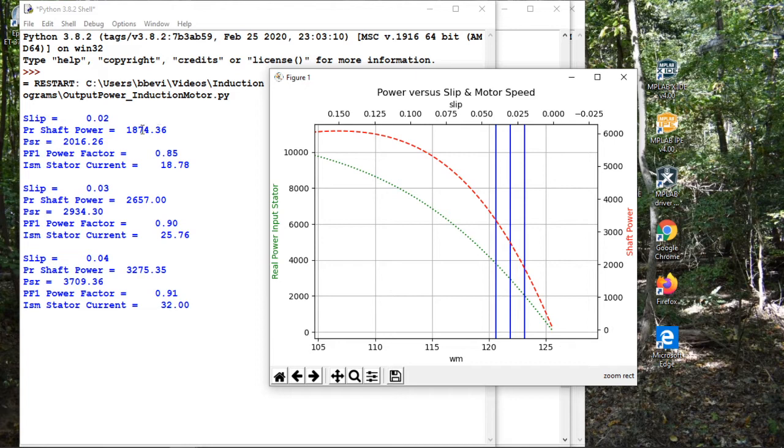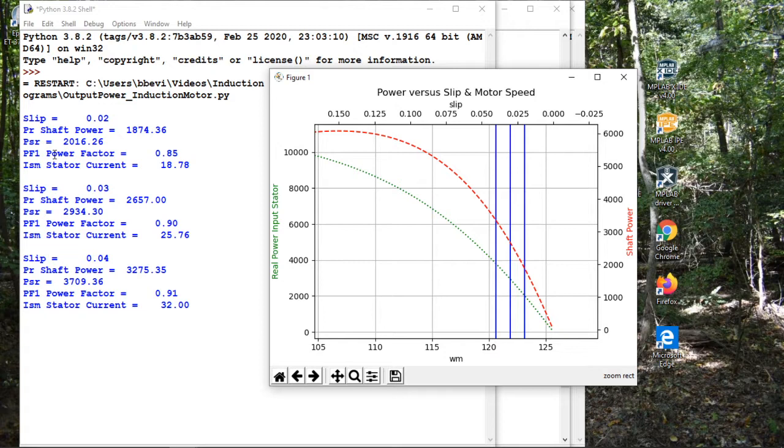The shaft power is 1874, but the real part of the power seen from the stator terminals is this. So there's more power coming in than coming out, because some of this power is lost in the resistance of the stator and also the resistance of the rotor.